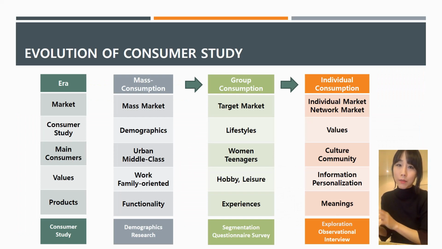The consumer study method has evolved. That means it has changed with the change of the market, the change of the era, and the change of the spirit of the times shared by the members of the society. So it has changed throughout the times.